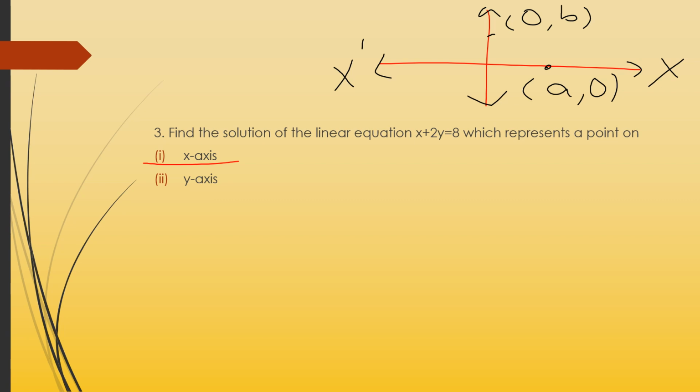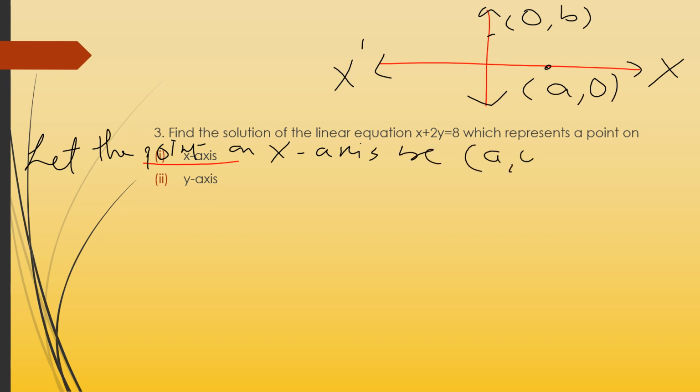For question number 3, let the point on the x-axis be (a, 0). Simply substitute the value, so you will get the first part.